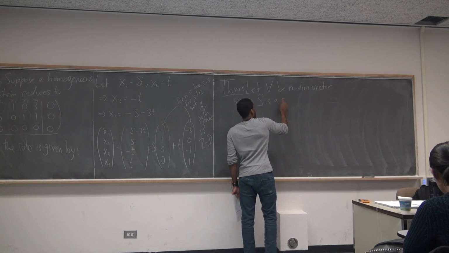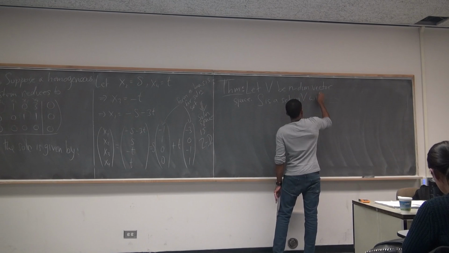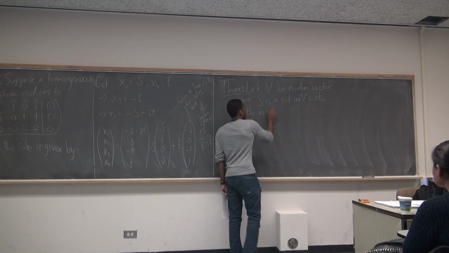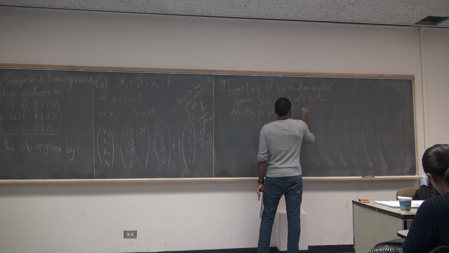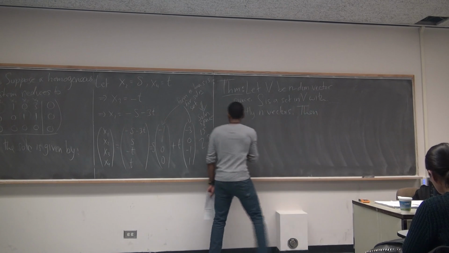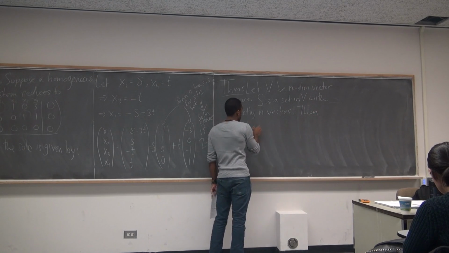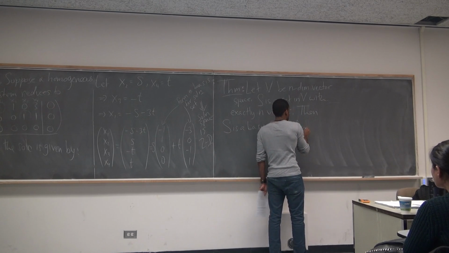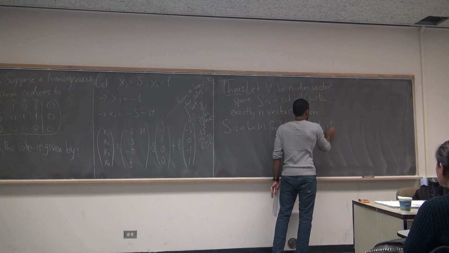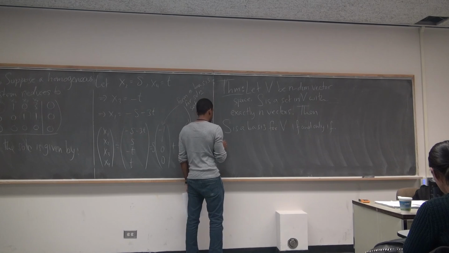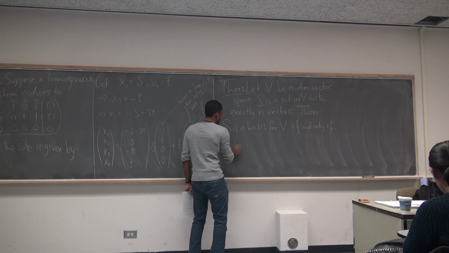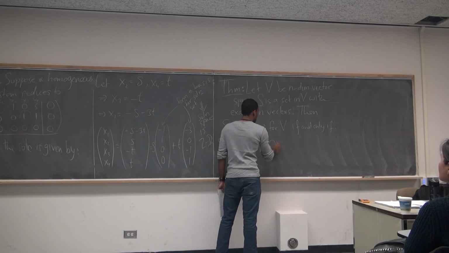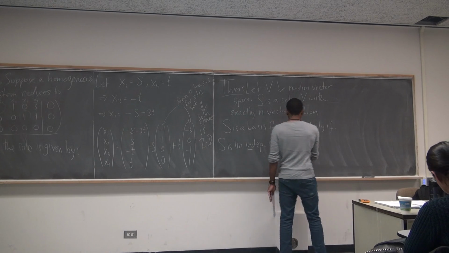S is a set in V with exactly n vectors. Then S is a basis for V if and only if S is linearly independent or S spans V.